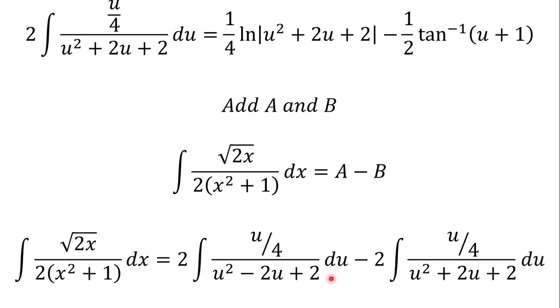This is A and then this is B. I'm just reminding you of what we called A and B during our workings. We know the answer to this one. We also know the answer to this one. So let's replace them here.